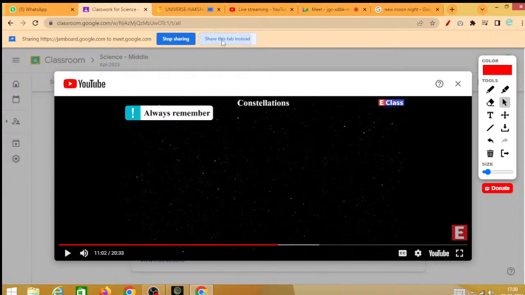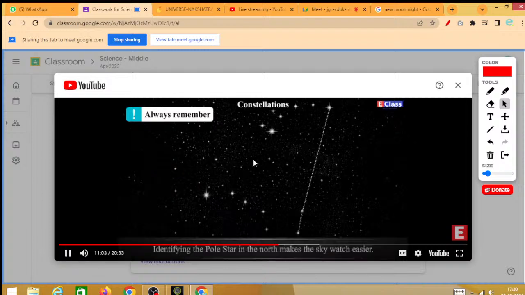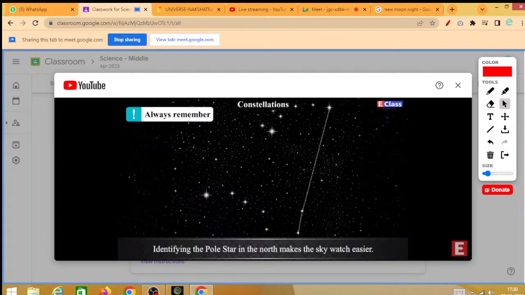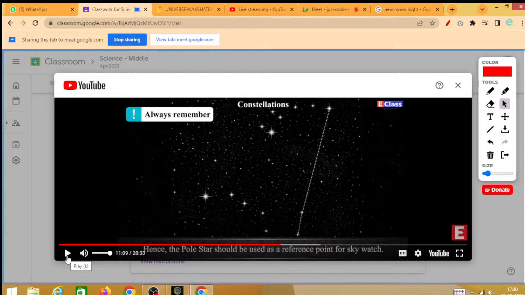Now let's go ahead first. 3. Identifying the pole star in the north makes the sky watch easier. Okay, so which is the pole star? Asad, do you know which is the pole star? How do we identify the pole star? Do you know?